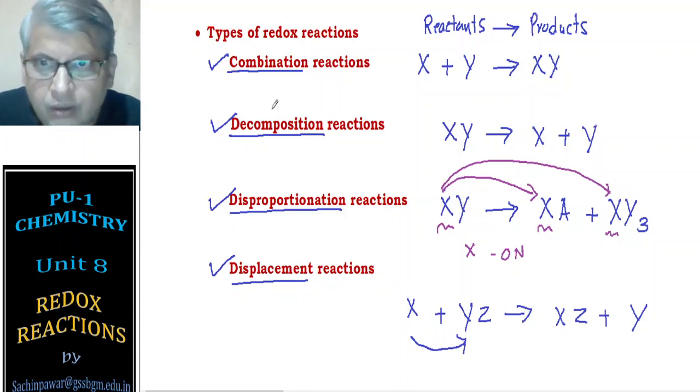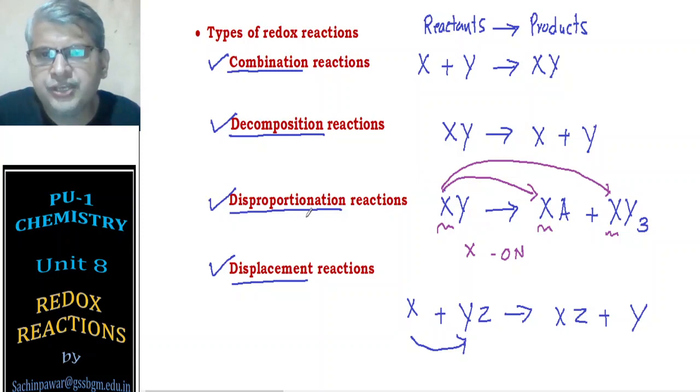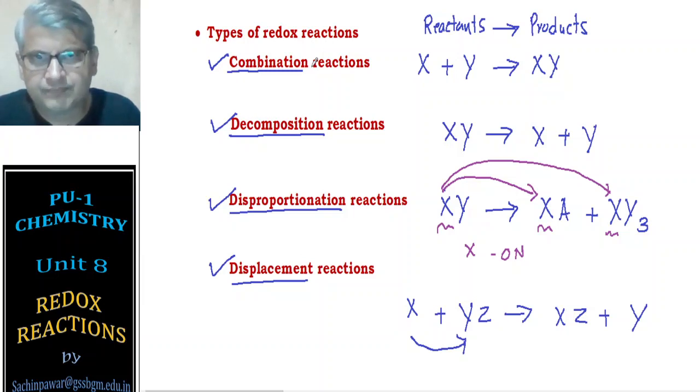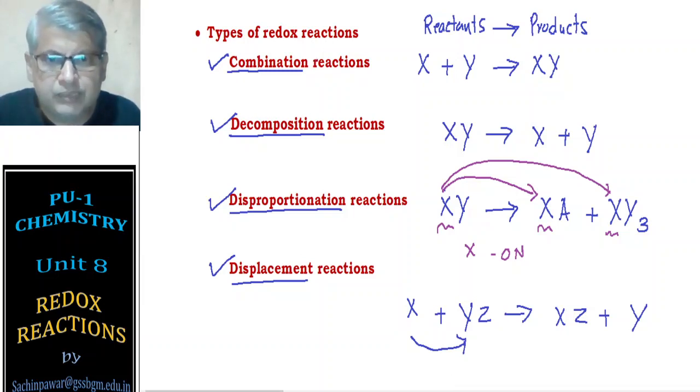So we have combination, decomposition, disproportionation and displacement reactions. These are all redox reactions. We shall see some examples and then move ahead to the next part.